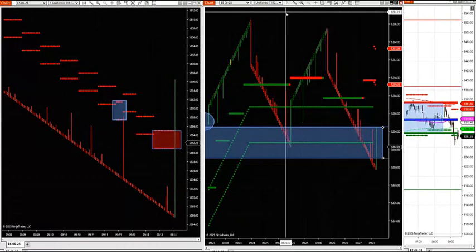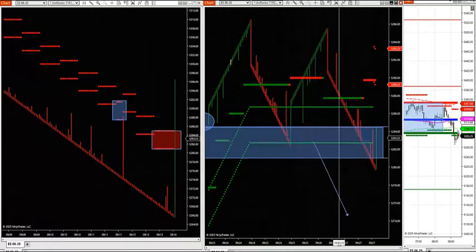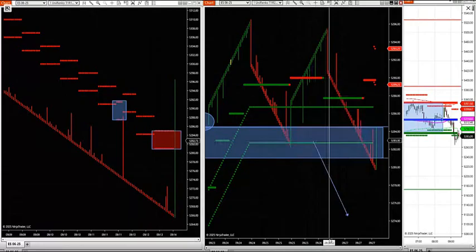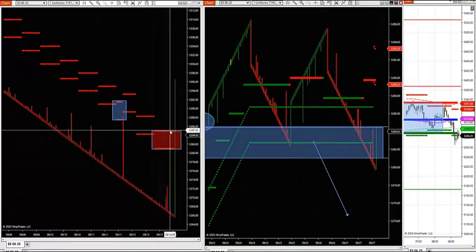Okay, so if price cuts below this zone, it turns red. We're looking for the first liquidity grab short. First V top, first liquidity grab short. Why? This is the big level. Look at this level. It keeps you on the right side of the market. It tells you where the big push is possibly coming.